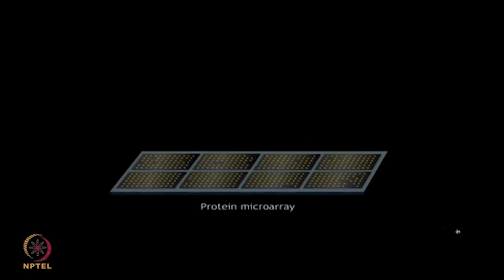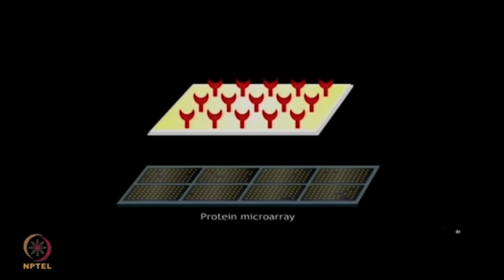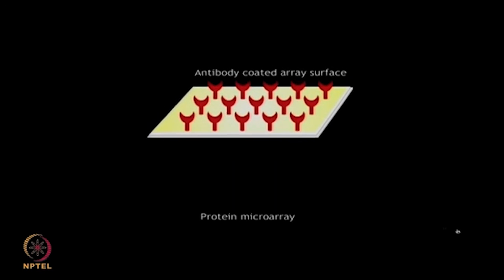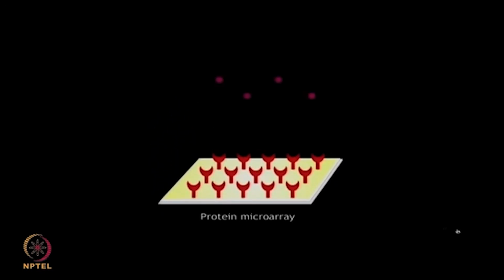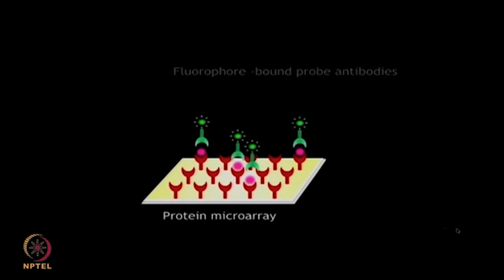The array surface is functionalized with probe antibody molecules specific for the target antigen of interest. The target antigens get bound to their primary antibodies on the array surface. Detection is carried out by means of fluorescent labeled secondary antibodies.